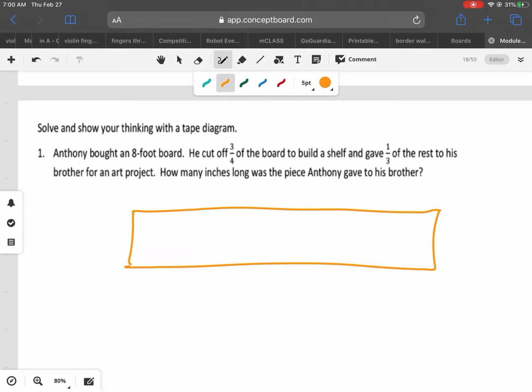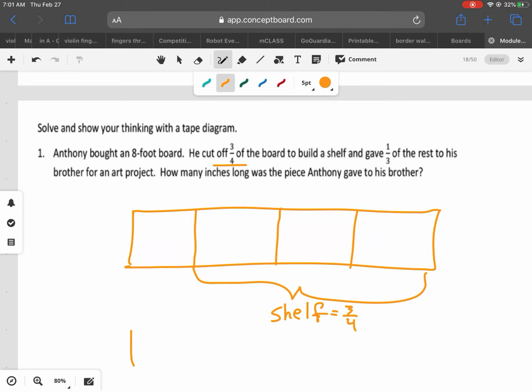Okay. He cut off 3/4. So I'm going to make fourths. This is for the shelf. So the remainder is just this one here.